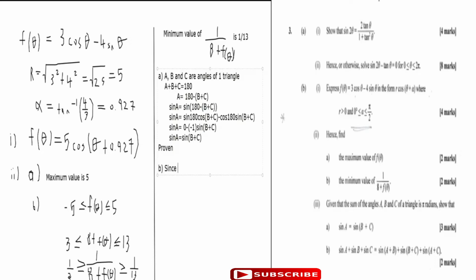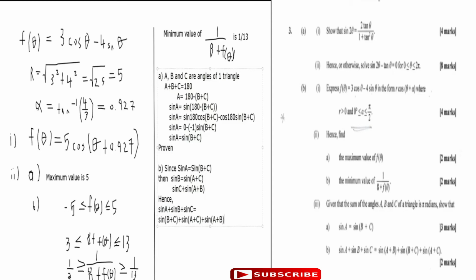Since sine A is equal to the sine of B plus C, then the sine of B is equal to the sine of A plus C, and the sine of C must be equal to the sine of A plus B. Hence, the sine of A plus the sine of B plus the sine of C works out to be the sine of B plus C, plus the sine of A plus C, plus the sine of A plus B.